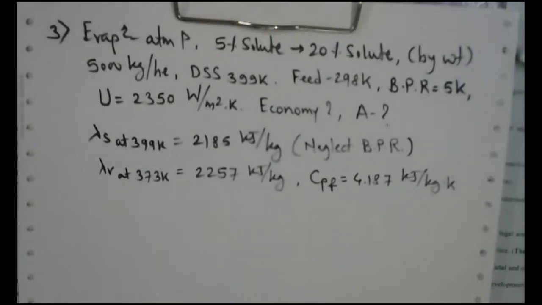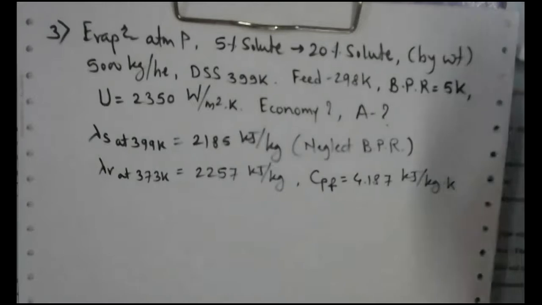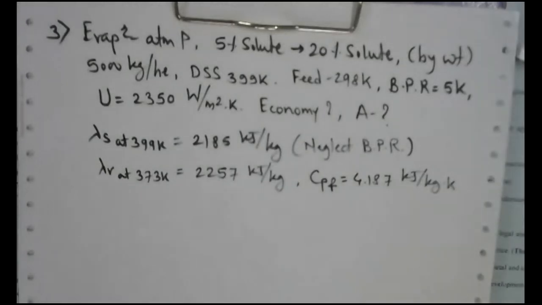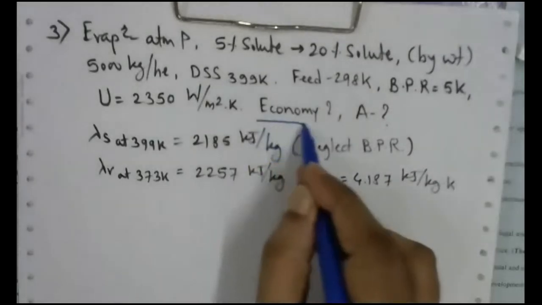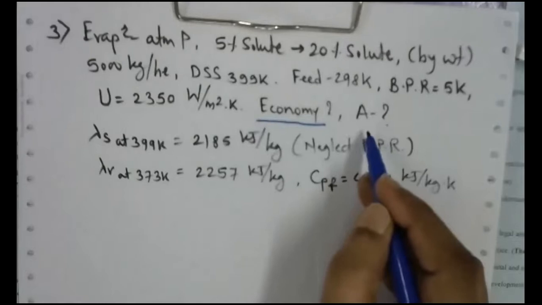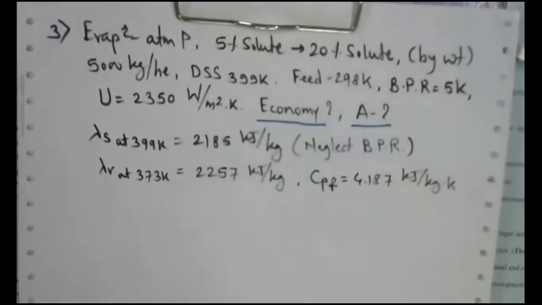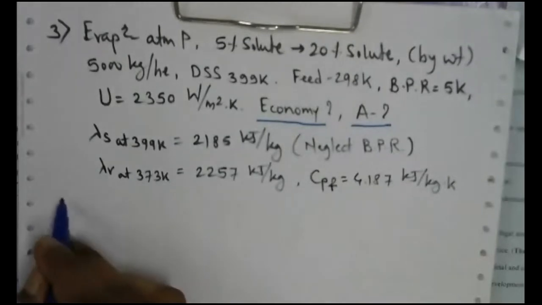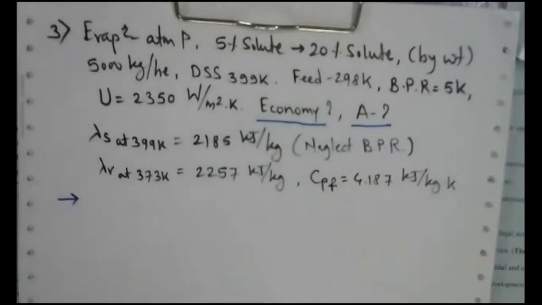Now after reading the numerical, first we must understand what is to be calculated. So we have to calculate the economy of an evaporator and the area of heat transfer, right? Then we must think of how to calculate this economy and area.